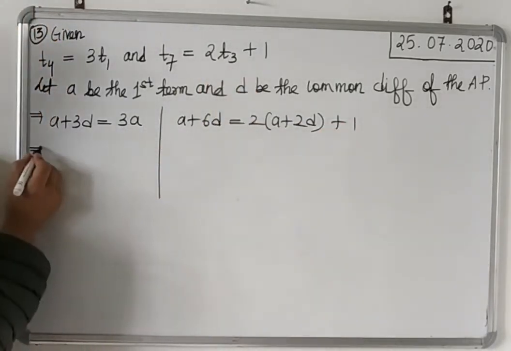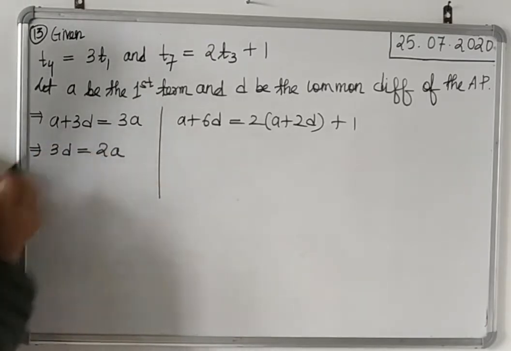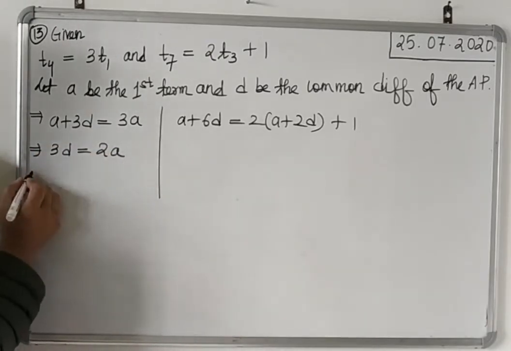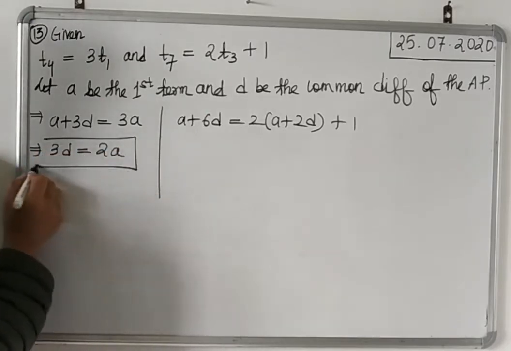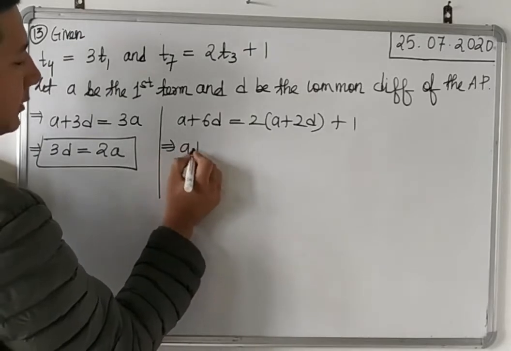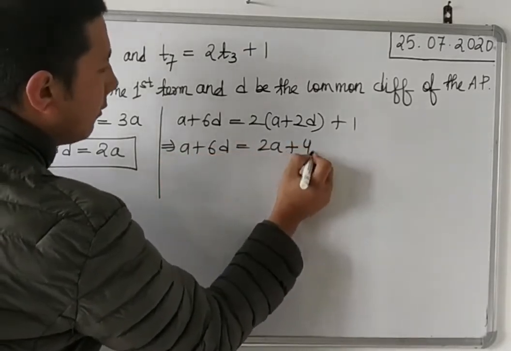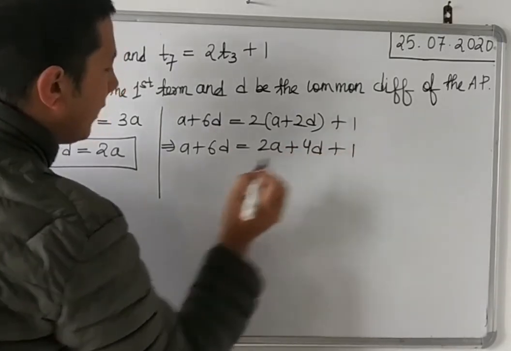And here we will get 3D equal to twice A, isn't it? So twice A equals 3D. Let us keep it as it is; we can use it later. On the other side I get A plus 6D is equal to 2A plus 4D plus 1.